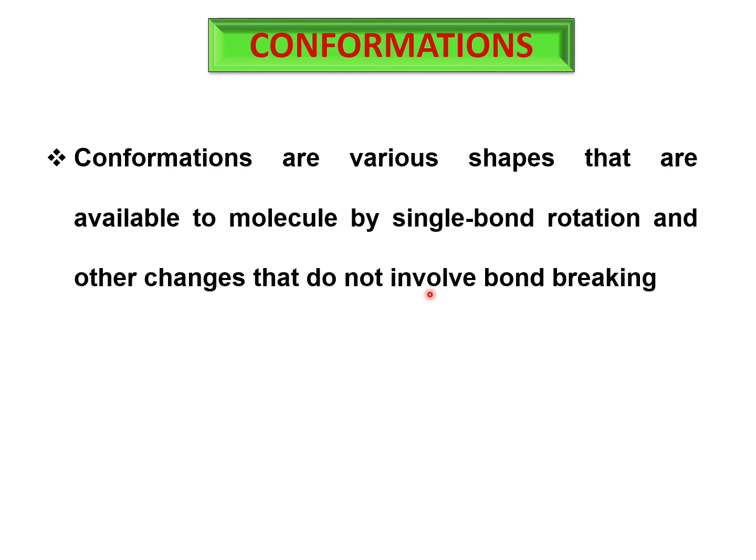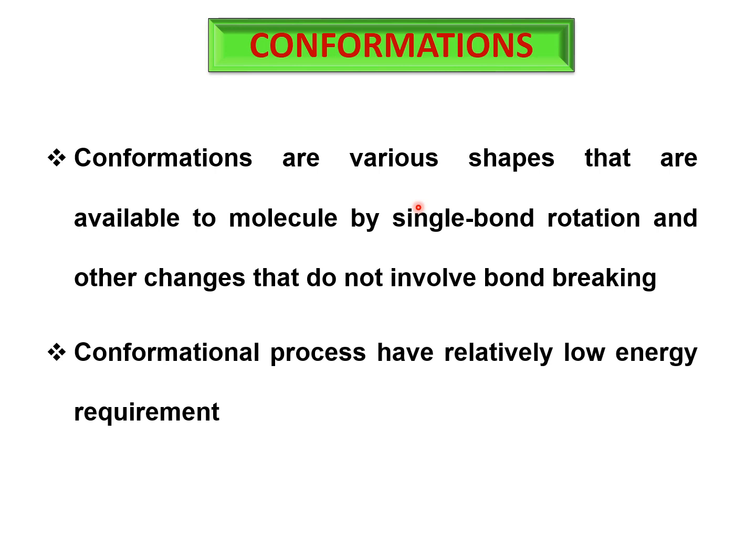So the interconversion of two conformational isomers does not involve bond breaking, but it may involve rotation around a single bond, along with some other changes that may convert one conformer into another. And it is because of this rotation around a carbon-carbon single bond that conformational isomers, or conformers, are sometimes also known as rotamers.